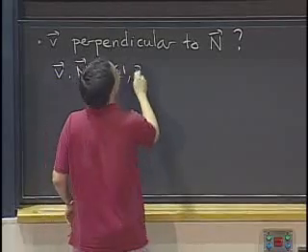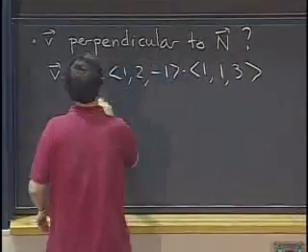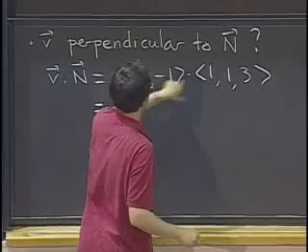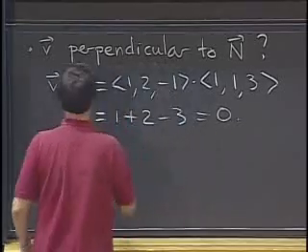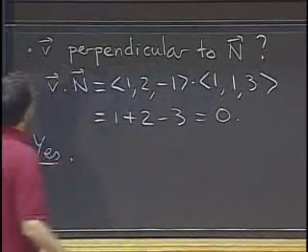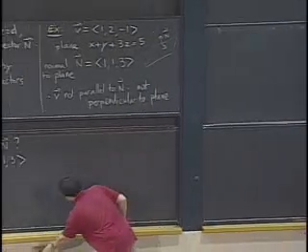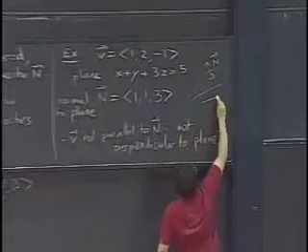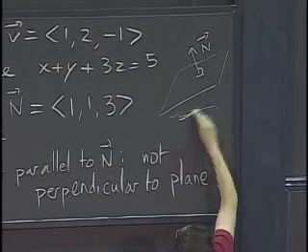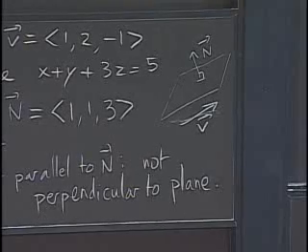That's 1, 2, -1 dot 1, 1, 3. You get 1 plus 2 minus 3. That's 0. So yes. So if it's perpendicular to n, it's actually going to be parallel to the plane.